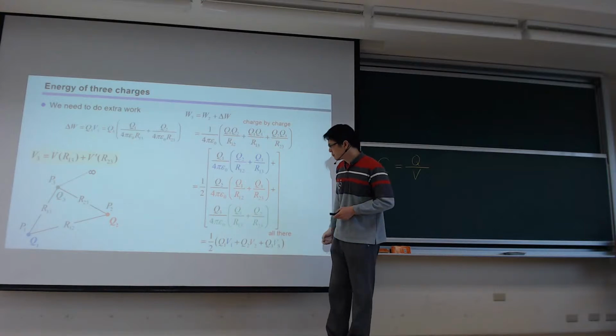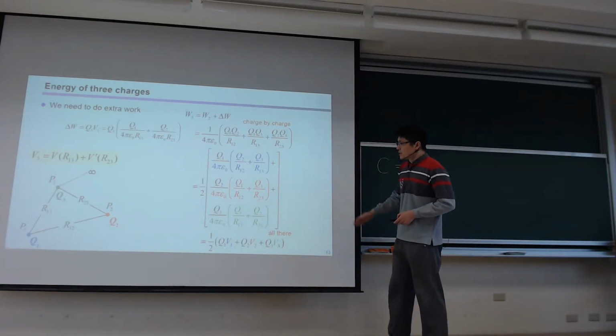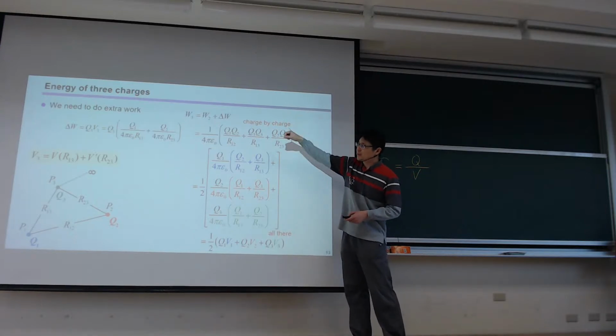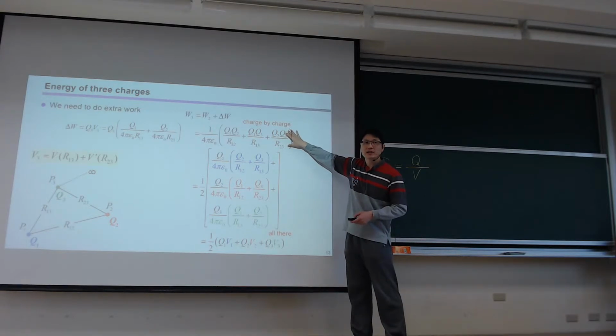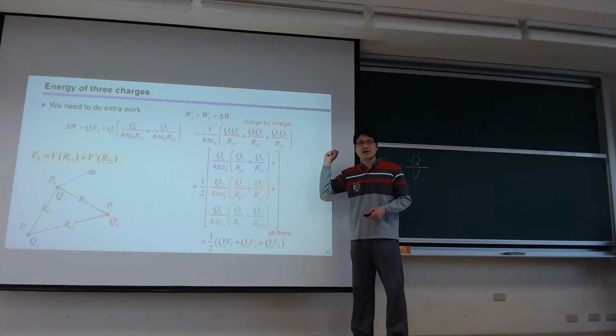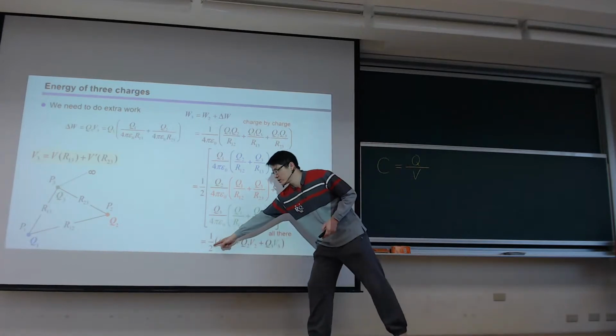Okay? So again, the viewpoint is if you calculate charge by charge coming in a sequential way, you will have the correct description. If you view the entire system, all charges are there at the same time. When you write down the energy, you double count. So you have to divide by 2.